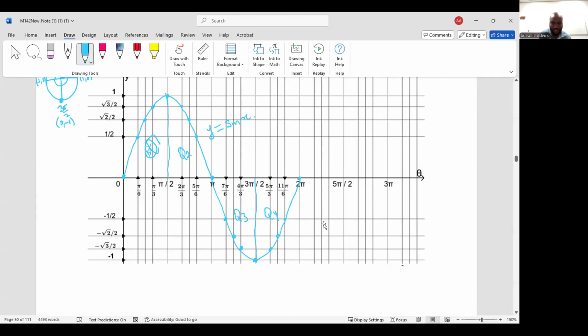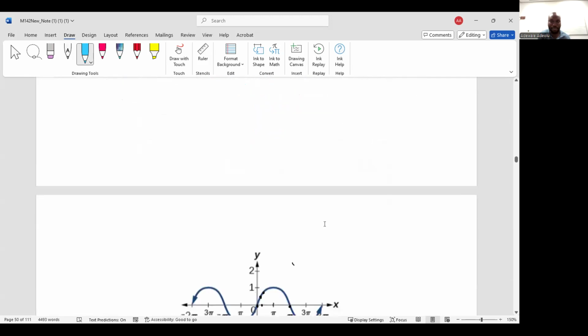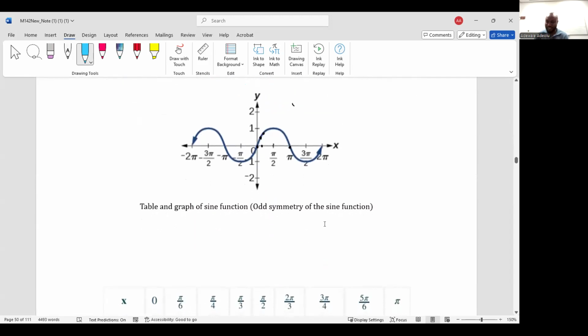Now, let us move on. I will be making reference to this graph. Using that table, we have something like this that I just grabbed, from here up to these points. Now, what if I move in the clockwise direction?